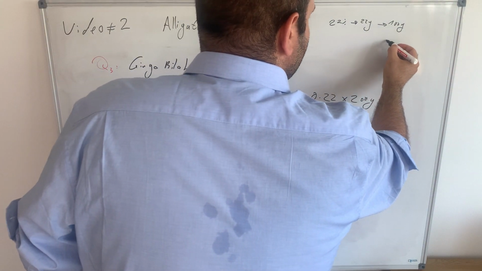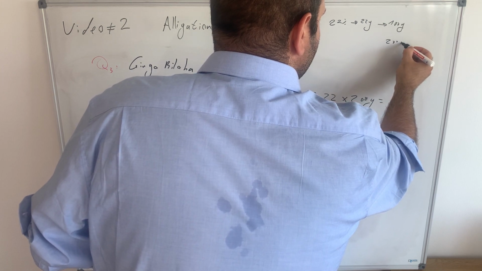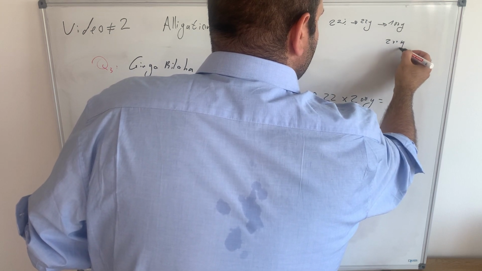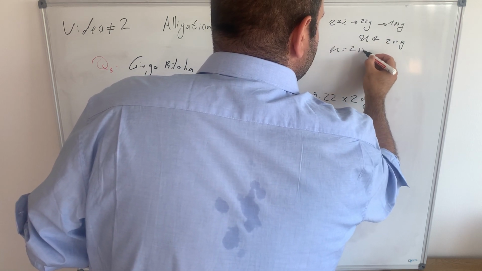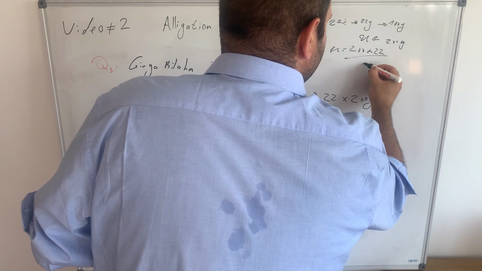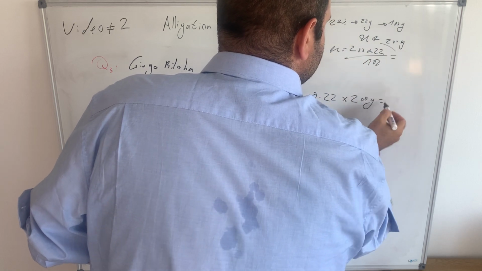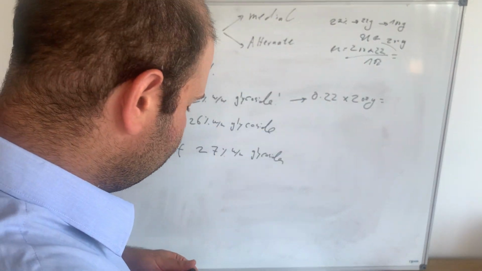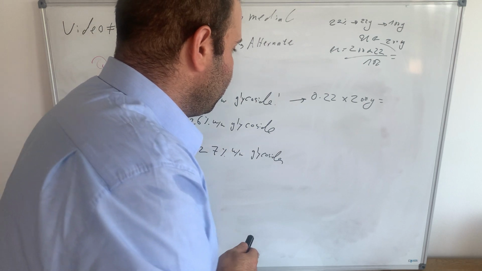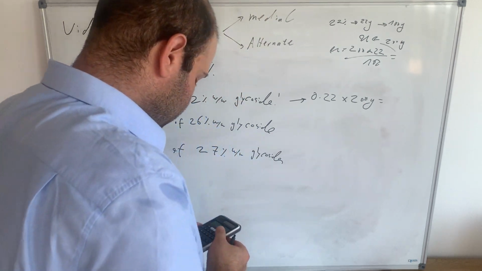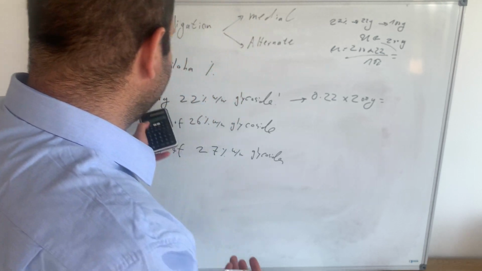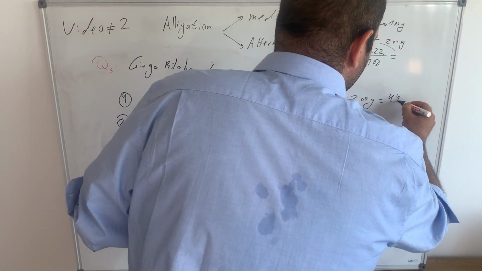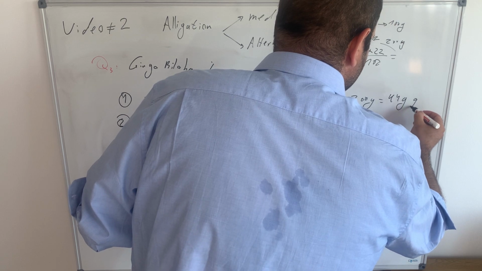What about in 200 gram? We need x equal to 200 multiplied by 22 divided by 100, which is the same as 0.22 multiplied by 200. So this batch contains 44 gram of glycosides.